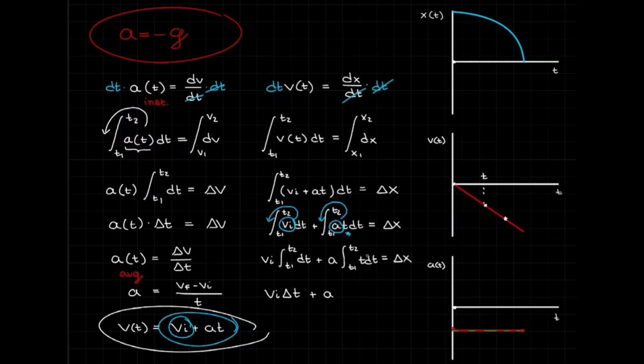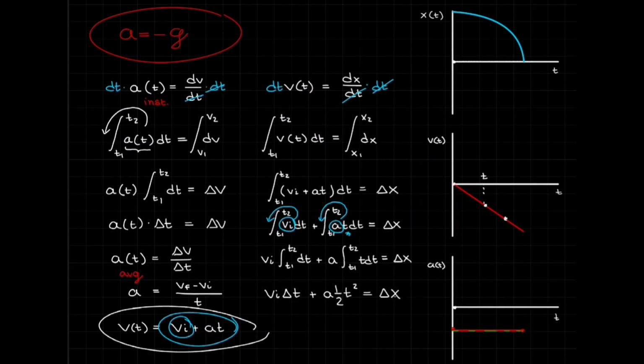The integral of time is just going to be t, with 1 plus the power divided by that sum of the power. So this is to the power of 1, it's going to be to the power of 2. So we're going to have t to the power of 2, and then we multiply by the reciprocal of that new power. So it's going to be 1/2, like this. Okay? And then that is equal to delta x.